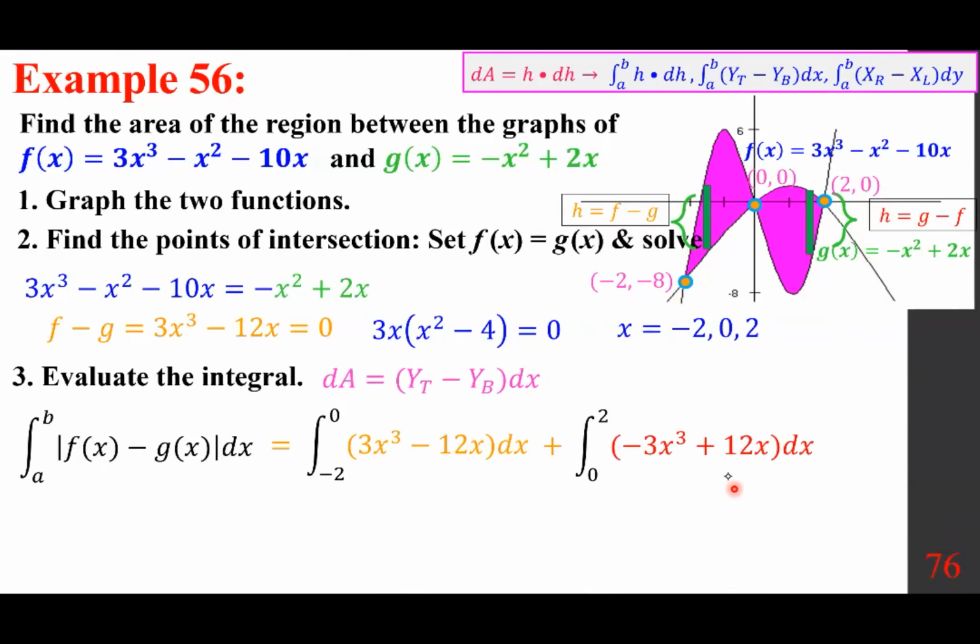So please understand what happened. We made up two integrals. One more time. For this one, the top function is the f function. And this minus that, we actually worked it out. So this is 3x cubed minus 12x.